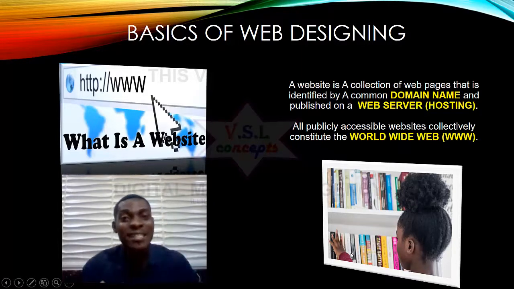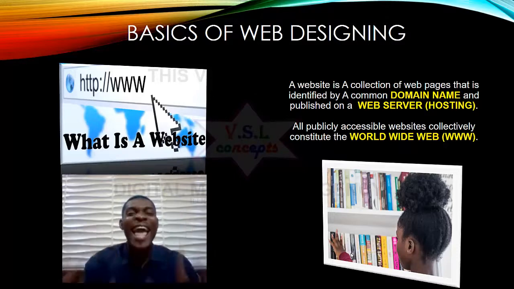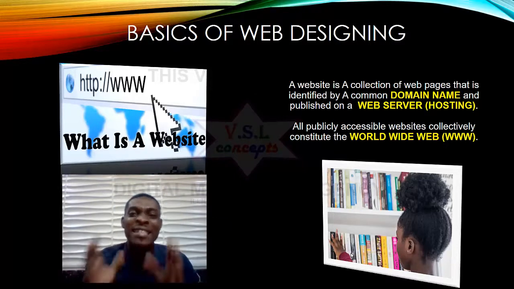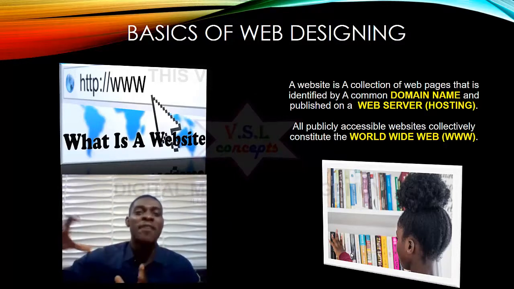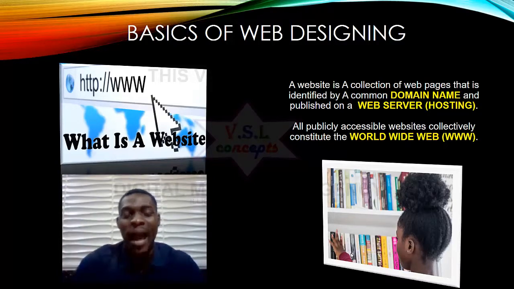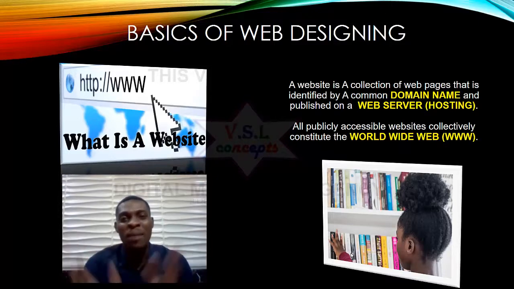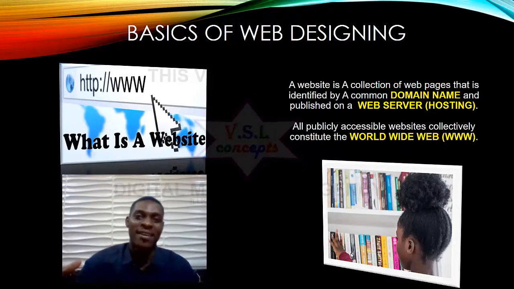So all the texts, all the images, all the videos and everything you see on any website are files that are saved in a shelf on the World Wide Web. I hope that basic information is clear. So no matter anything you see on a website, it is a file that was saved where? In a shelf as it were, in a server as it were.